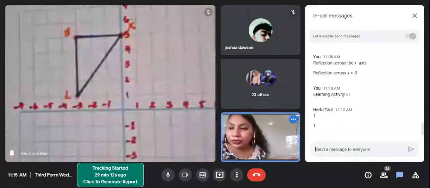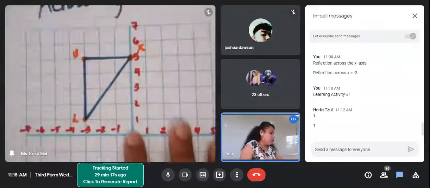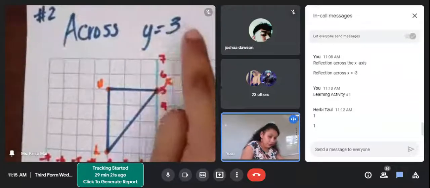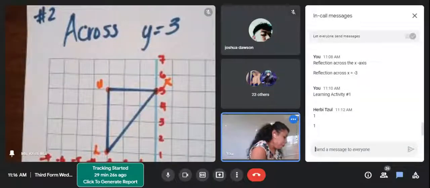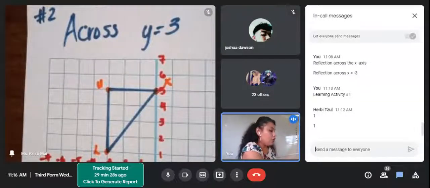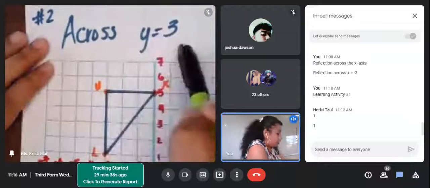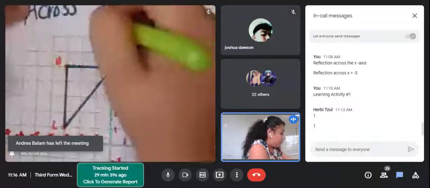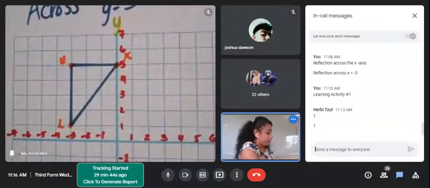Question number 2 asks you to reflect across y is equal to 3. So I need to draw that imaginary line first. Y is equal to 3. Let me draw that line. Because it says y is equal to 3, on the y-axis I am going to find 3, right?